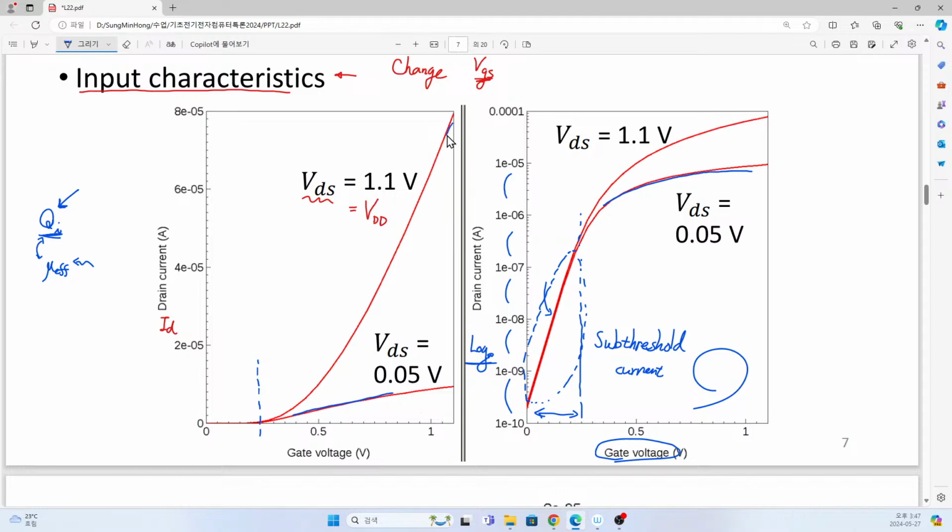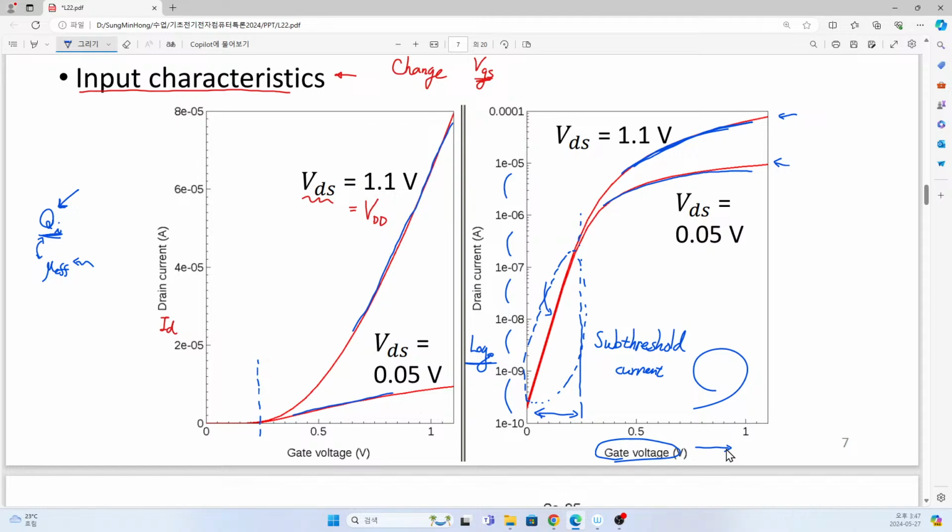Yes, it also shows a certain behavior. So details of these curves are not clearly visible in this semi-logarithmic graph, but it is true that it is increasing monotonically when we have higher and higher gate voltage.